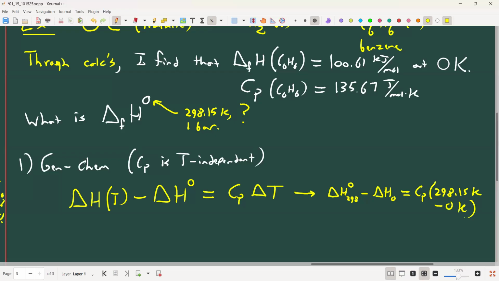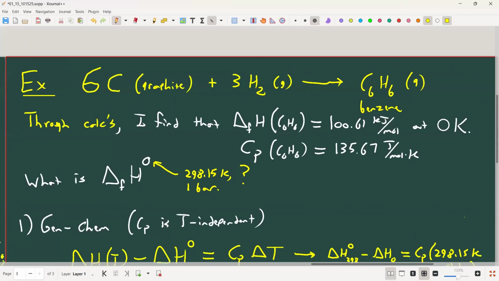Okay, so that's of course for one material, that's for the benzene, but remember this is a reaction. The enthalpy of the reaction is equal to the difference of the enthalpies of the products minus the reactants. Okay, so we also need to know the formation enthalpies for H2 and carbon at standard conditions. And of course, by definition, those are 0 because these are our primitives.